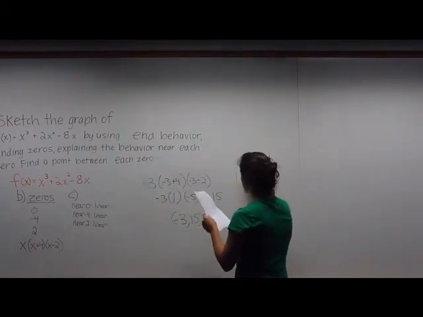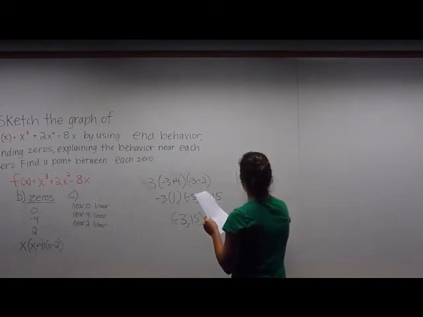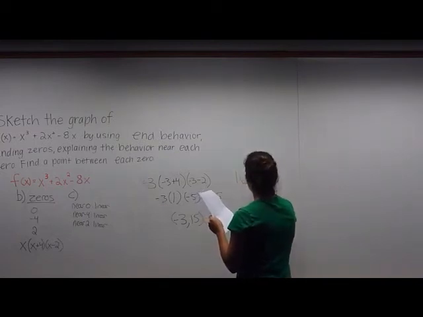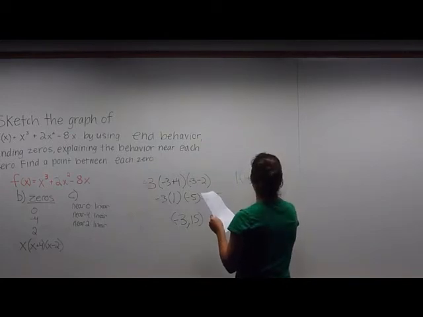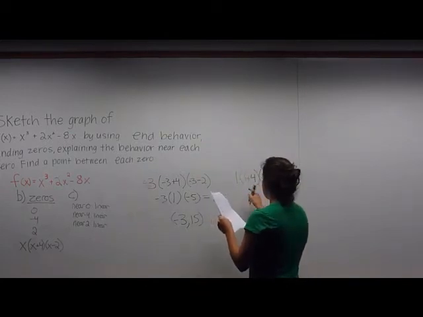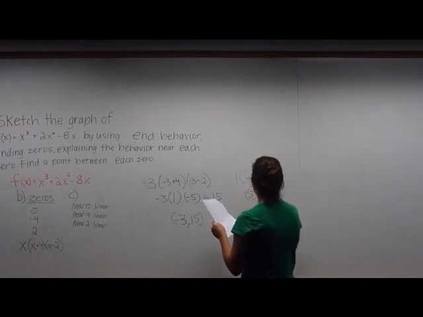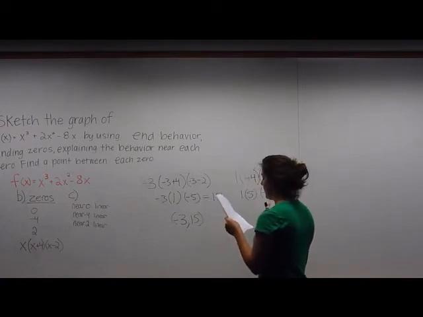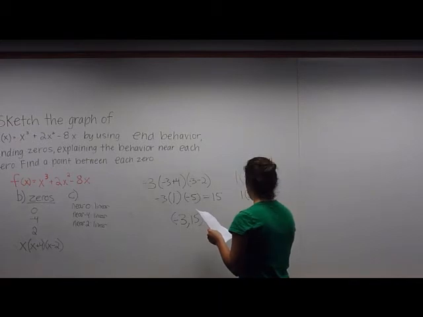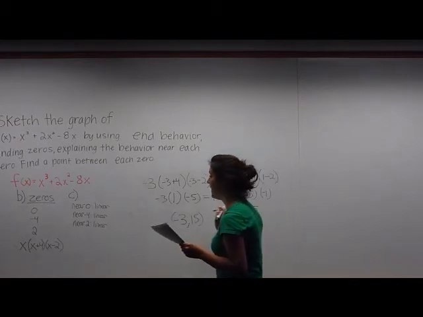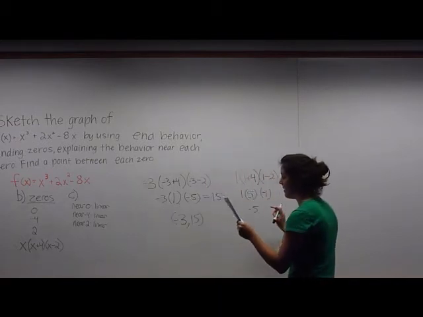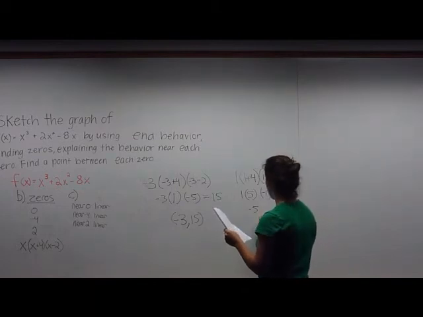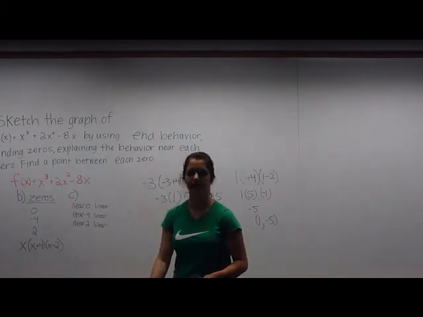So 1 times 1 plus 4 times 1 minus 2. 1 plus 4 is 5. 1 minus 2 is negative 1. 1 times 5 times negative 1 is negative 5. So where the x value is 1, the y value is negative 5. So we get a point of 1, negative 5 between the zeros of negative 4 and 2.